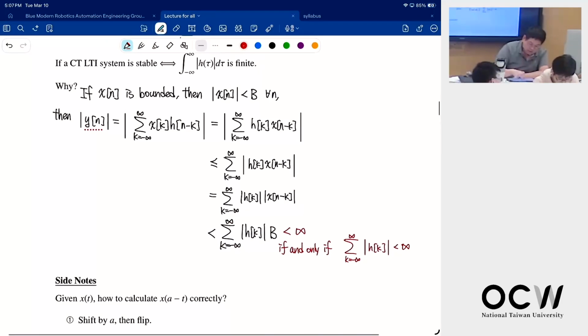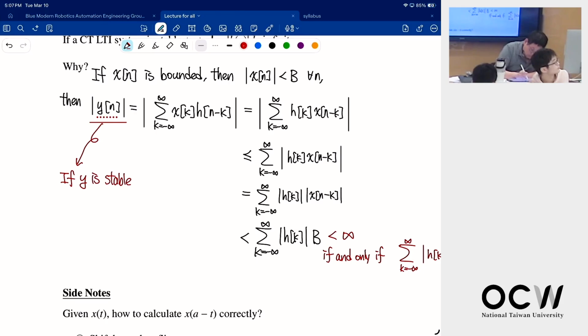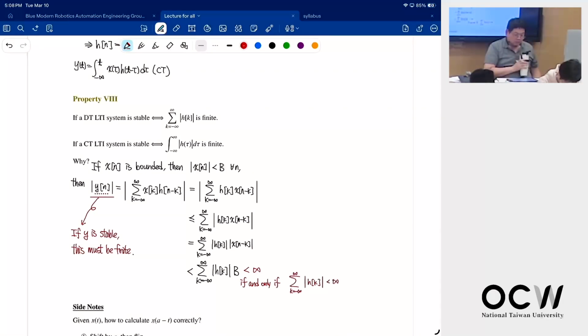This also implies, if y is stable, then this magnitude must be finite. So bounded input will have bounded output.